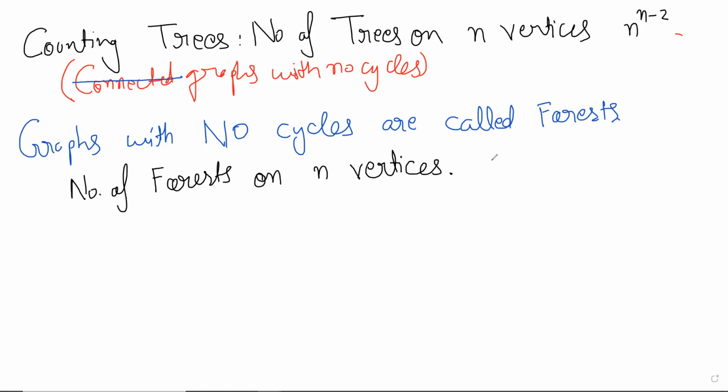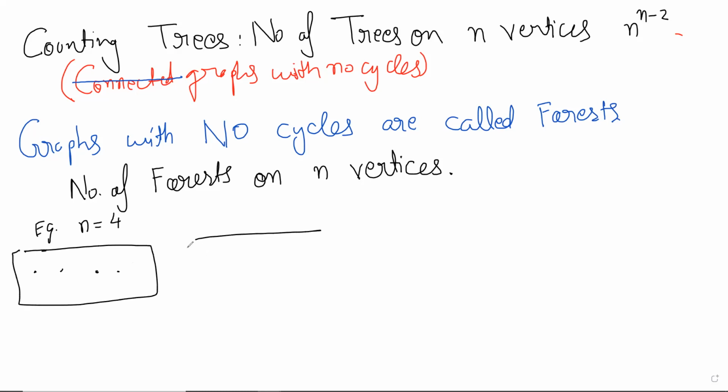For example, if n is equal to 4, then just 4 vertices with no edges is also a forest, with no cycles. This is one example. Certainly there are many more. You can join them, and obviously I should number them.